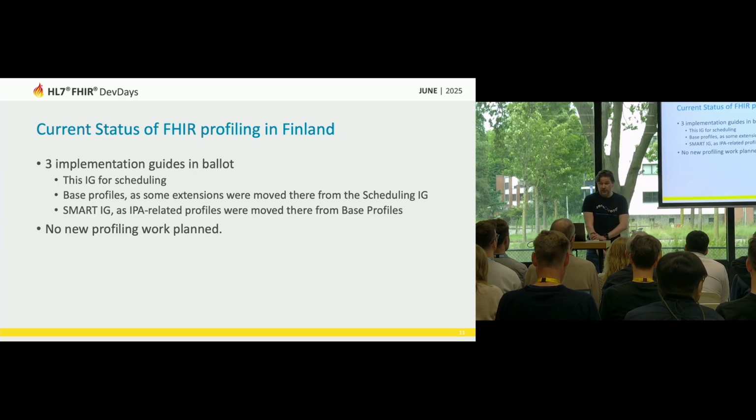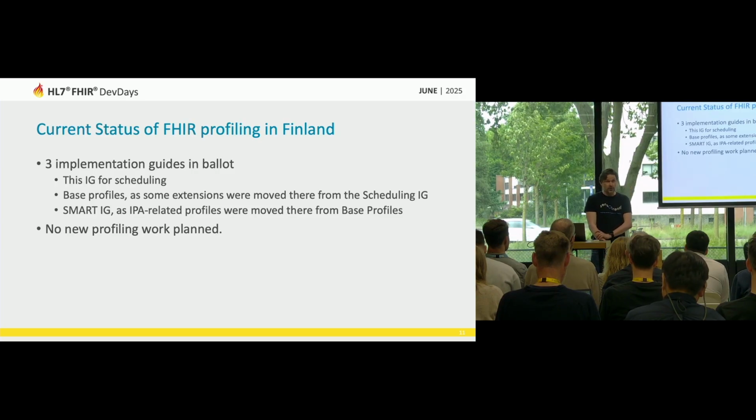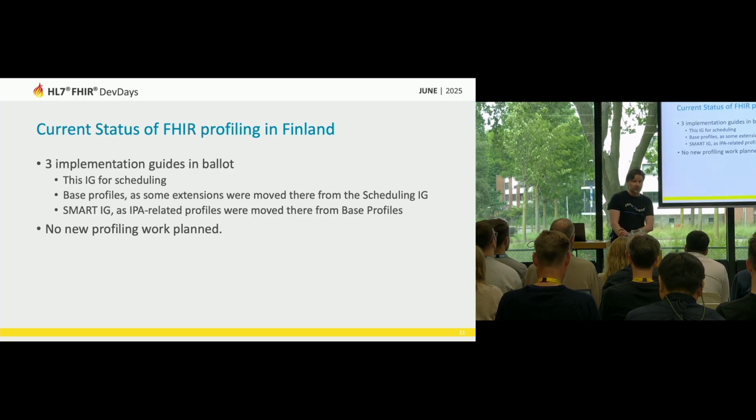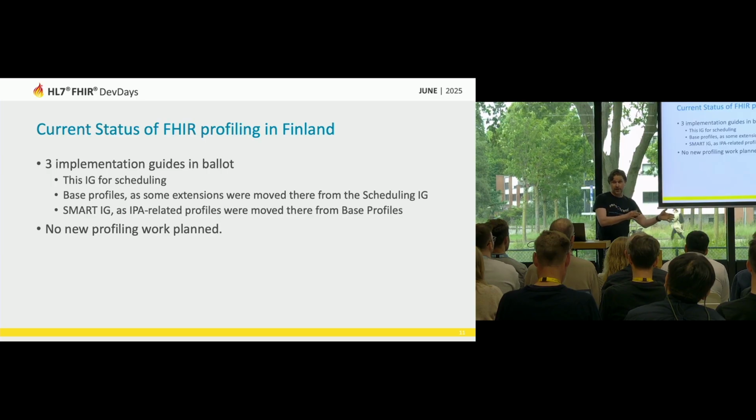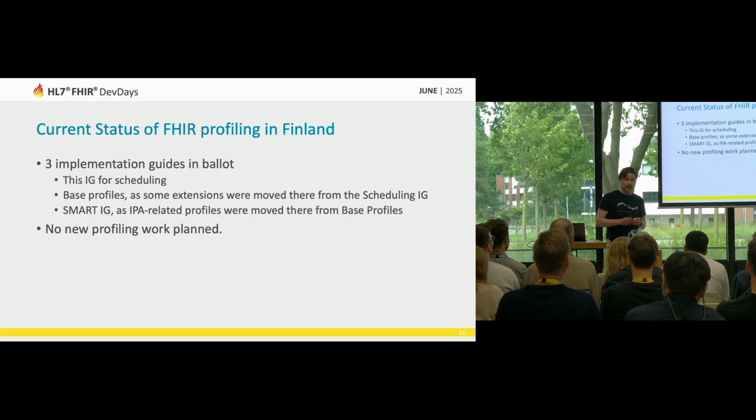And current status, so when we were working on this, we noticed that some of the extensions originally in the scheduling IG were usable in other realms as well, so we took those extensions away from the scheduling IG, put them into the base profiles. And at the same time, we got feedback that the IPA, International Patient Access related profiles that we had in base profiles were not applicable there.